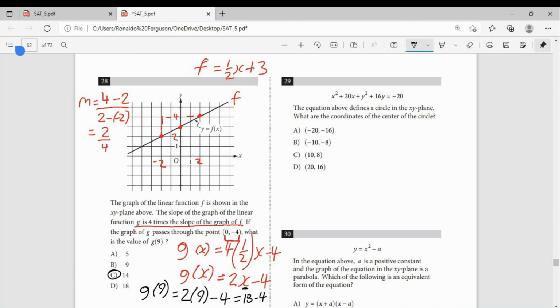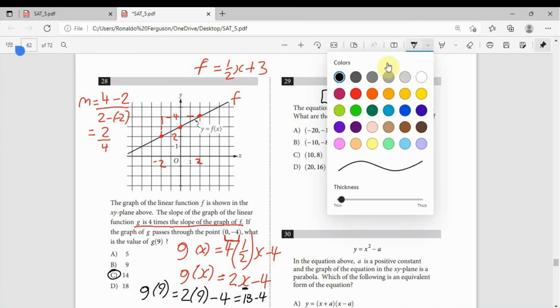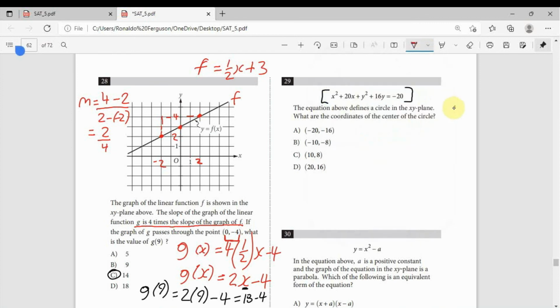Now I know many of us are not doing pure mathematics, so I'm not going to show you any rigorous way of finding the center of the circle. Anytime you're given a circle in its general form, what you're going to do is divide the x term and the y term coefficients by -2.